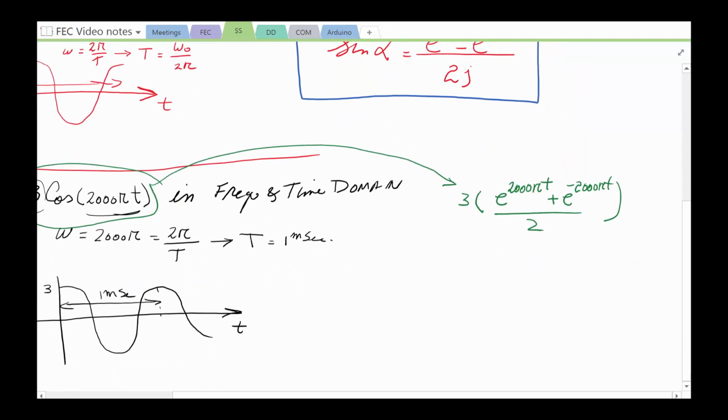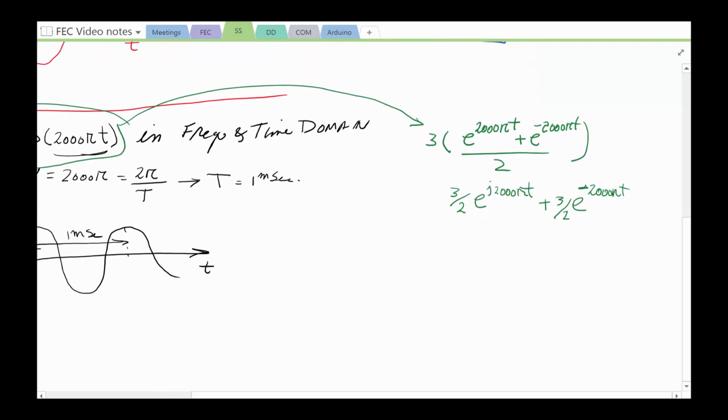So what are we saying here? Our signal is now 3/2, or 1.5, e to the j 2000 pi t plus 3/2 e to the minus j 2000 pi t, which, remember, the exponent tells you what the frequency is, and the coefficient tells you what the magnitude at that frequency is.